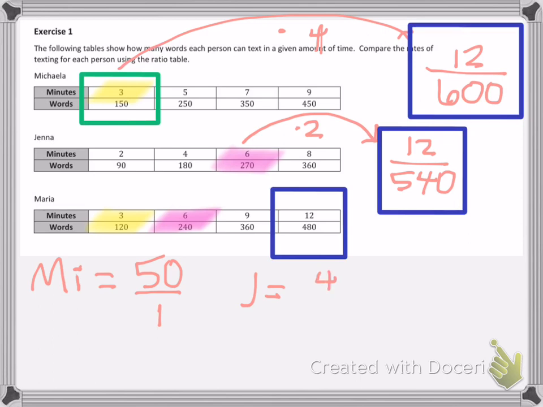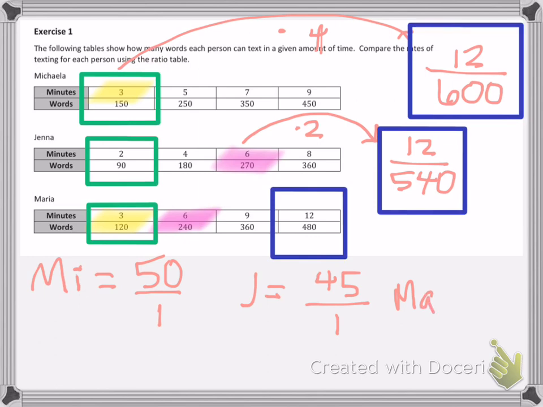Wow, that was crazy. 45 words in 1 minute. And if I look at Maria, 120 divided by 3, well, that's 40. So Maria is 40 words per minute. And now I can easily rank them again.